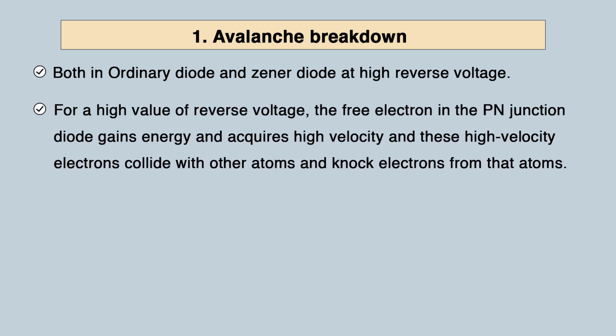For a high value of reverse voltage, the free electron in the p-n junction diode gains energy and acquires high velocity. These high velocity electrons collide with other atoms and knock the electrons from the atoms.